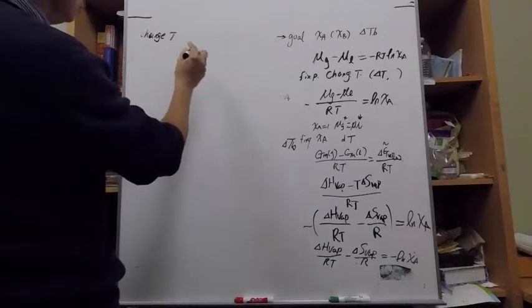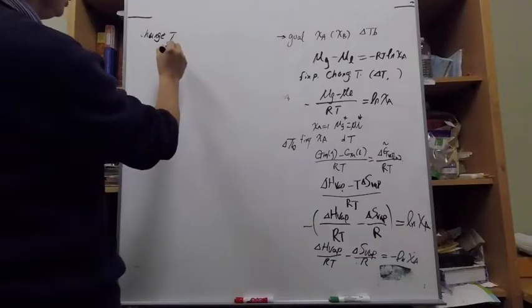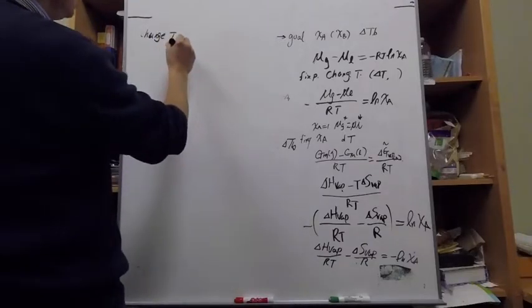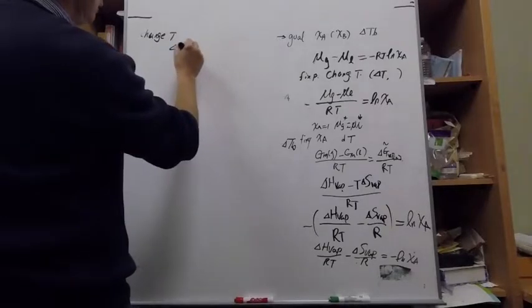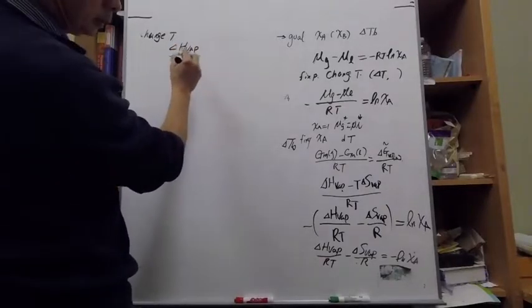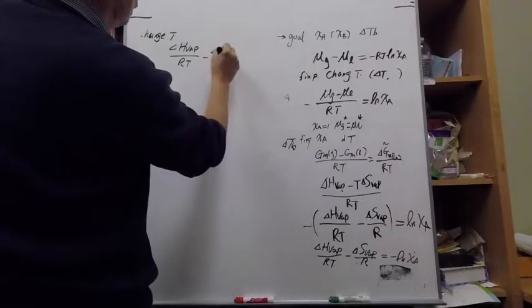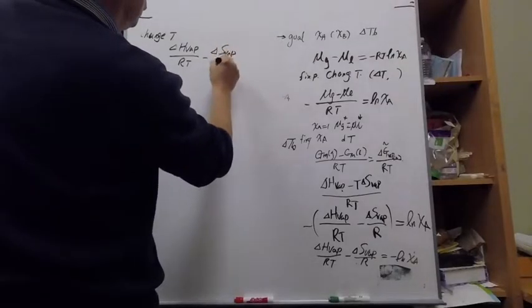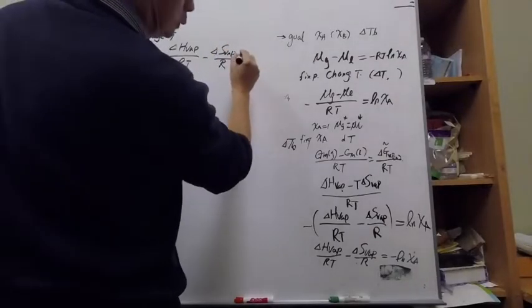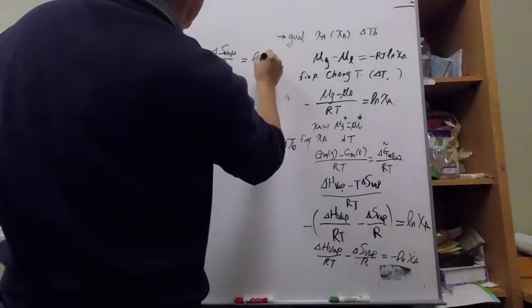Basically, we want to change T so that delta H vaporization will become natural log XA.